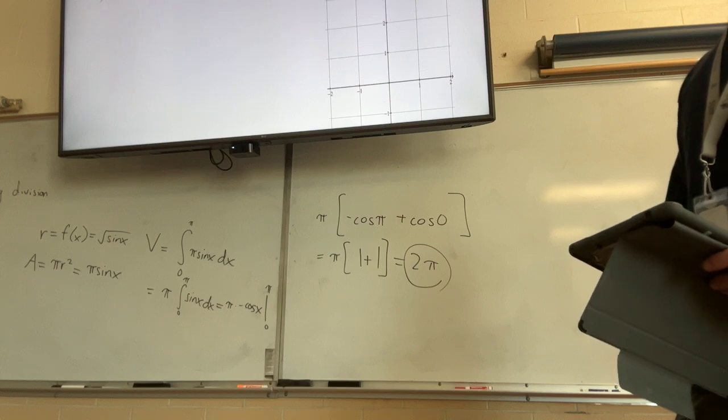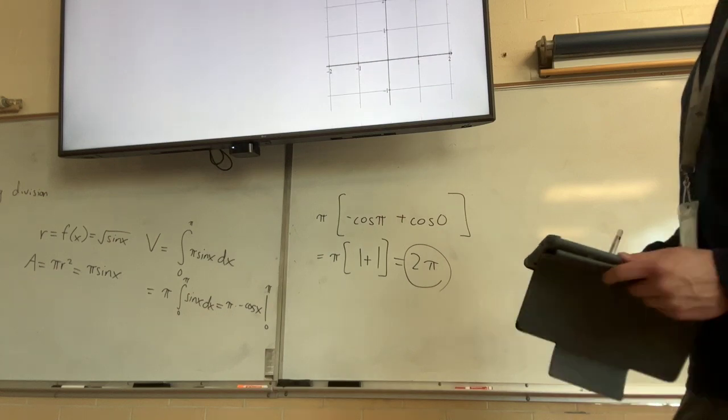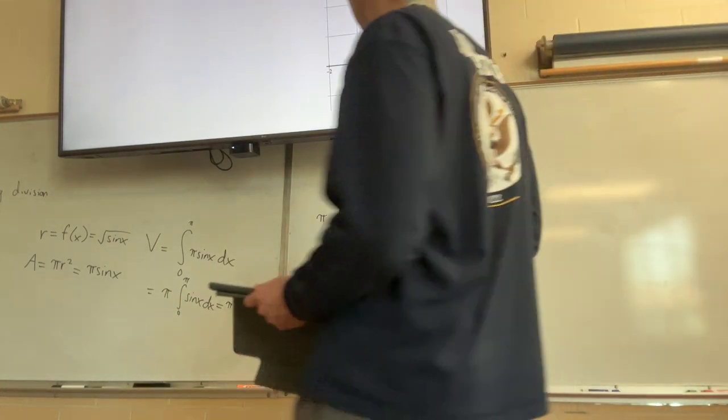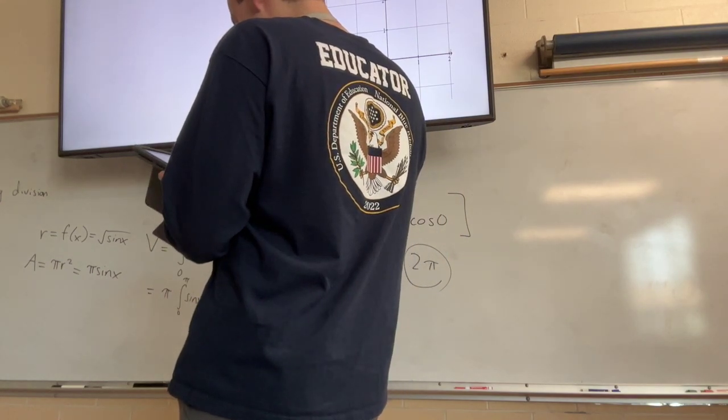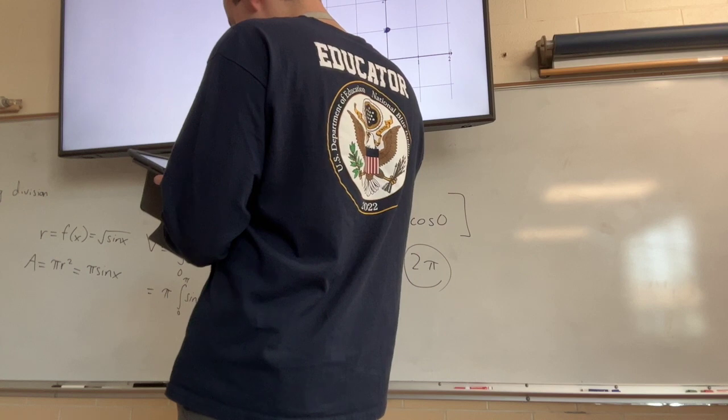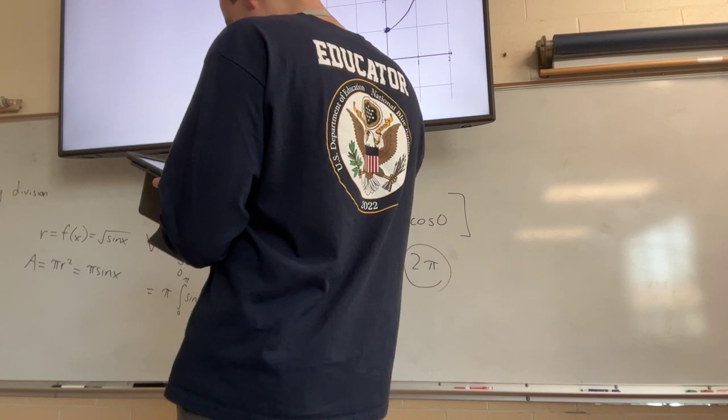All right, integrating with respect to y, two integral case. Find the volume of the solid formed by our region K. So we have a region, it's bounded by y equals x squared plus 1. Looks like that.